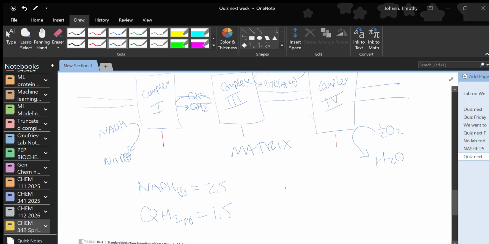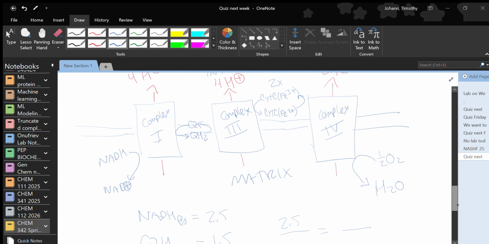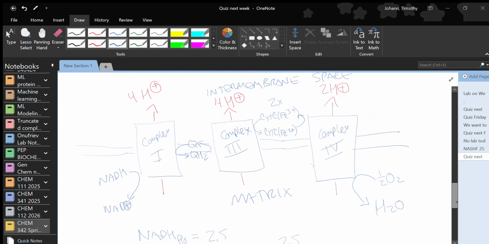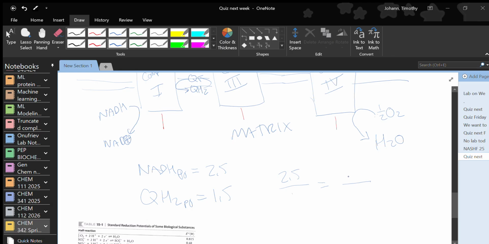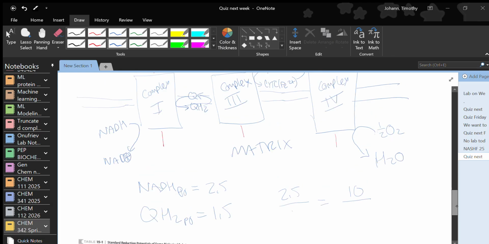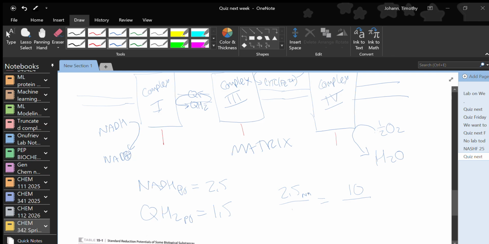All right, let's think about those ratios. Let's just do it as a ratio. We have 2.5 on top, and on the other side, how many protons are pumped when we run an NADH through? 10.